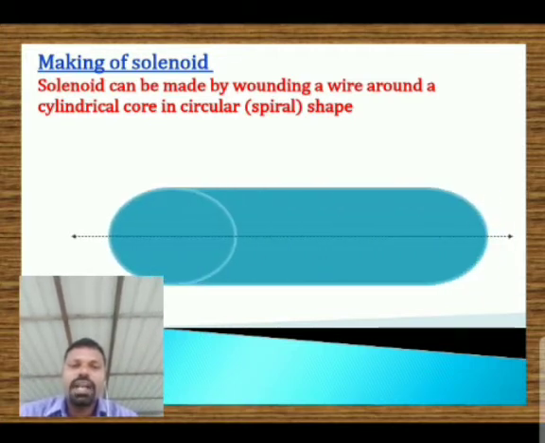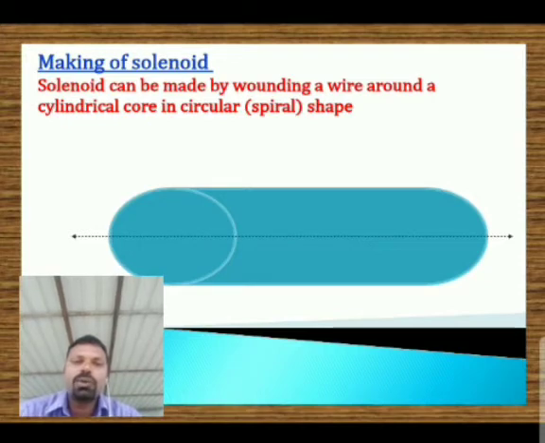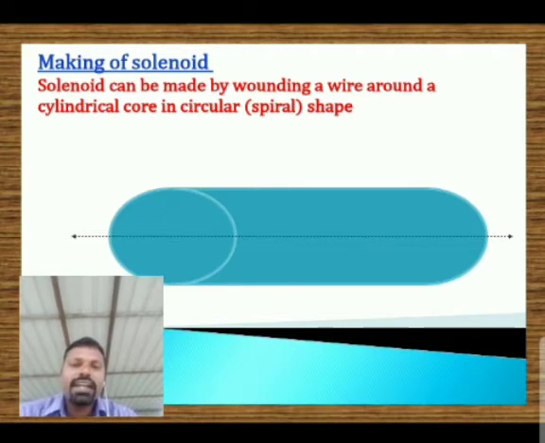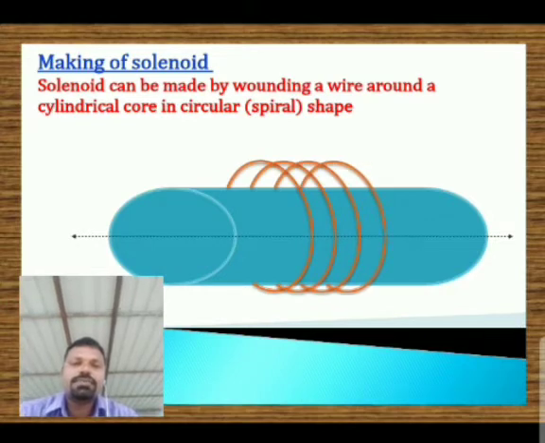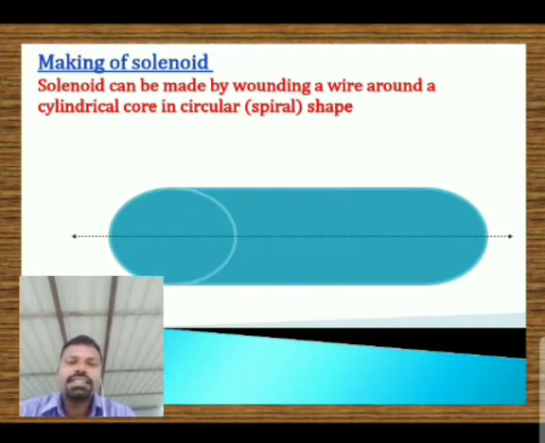See, I will show you an animation. This is a core, a cylindrical core. Around this core, I am winding a wire. See this animation. Now see again, this is my cylindrical core.